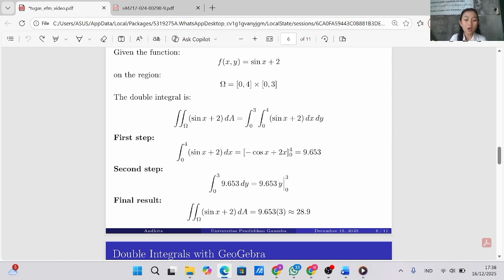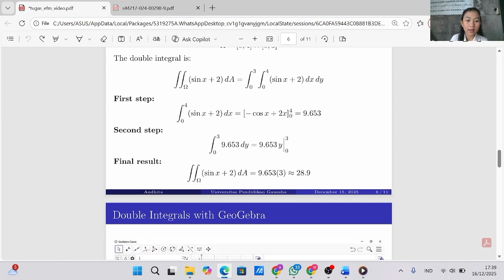The first step, we integrate the function with respect to x. Then the integral from 0 to 4 of sin x plus 2 dx equals minus cos x plus 2x, evaluated from 0 to 4, which equals 9.653. The second step is we integrate the result with respect to y.